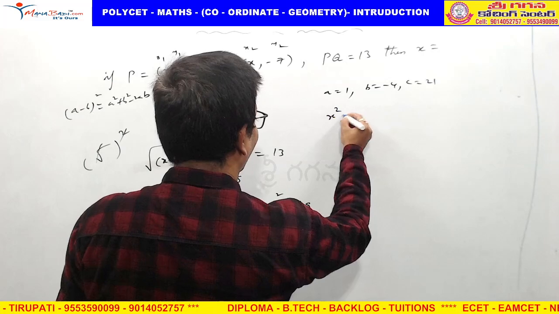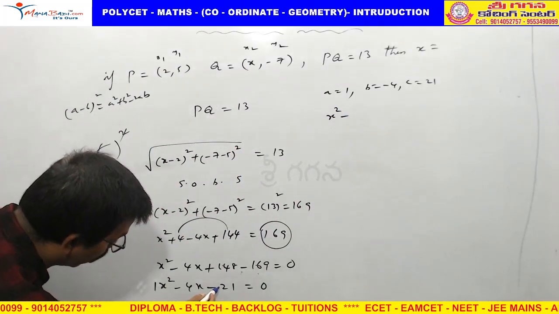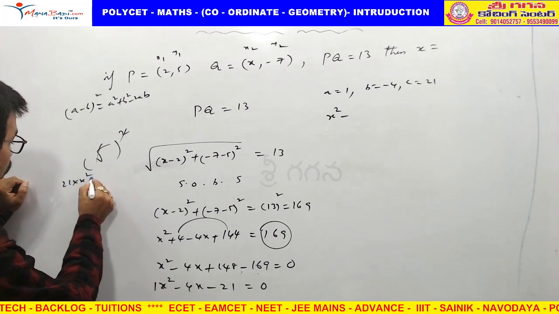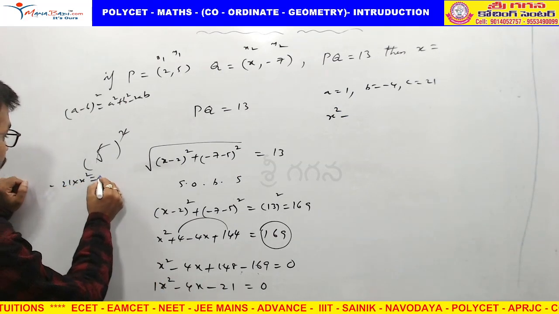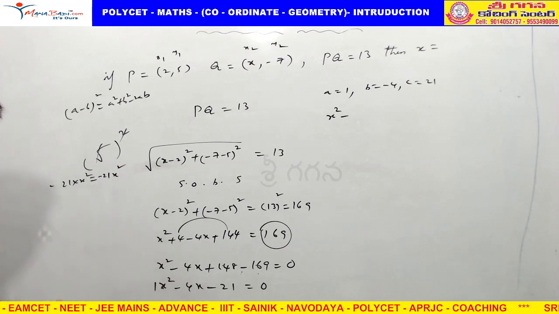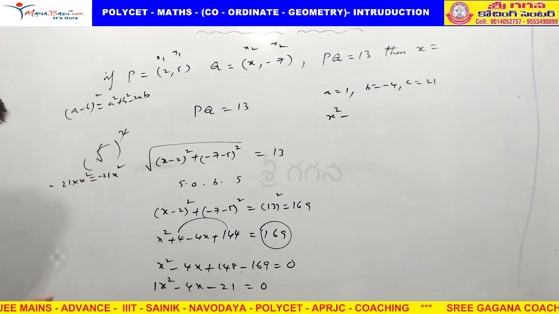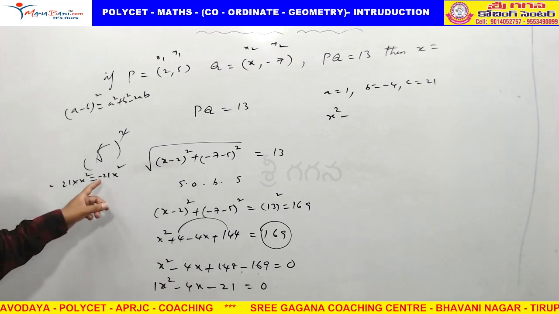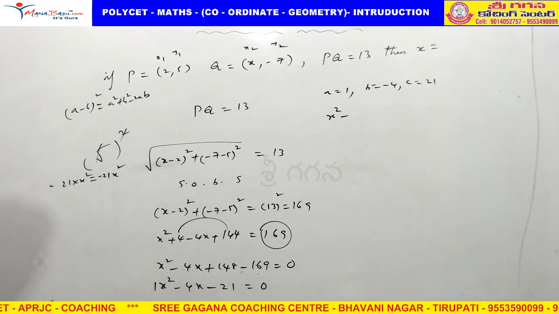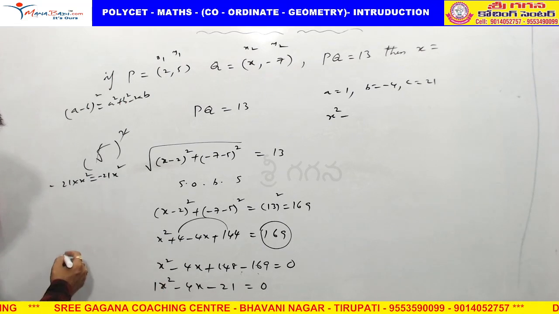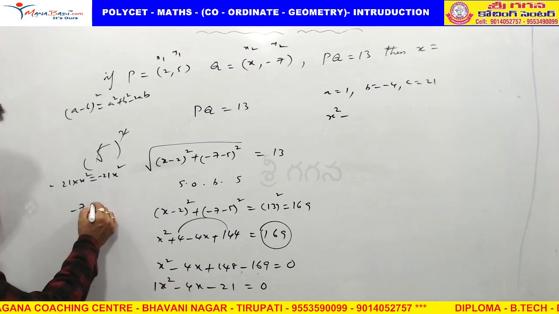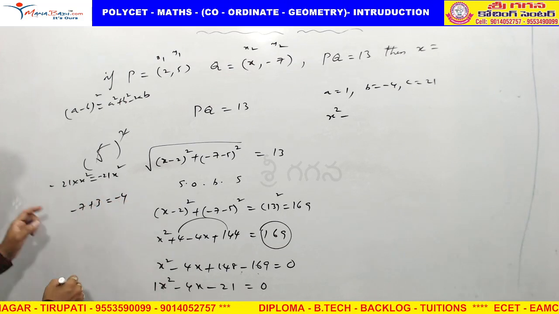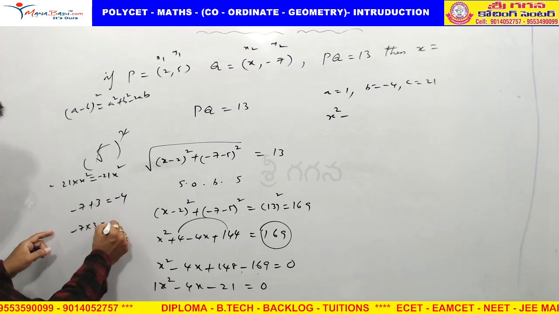As I already said, first take the constant and x square coefficient and multiply: 21 into x square, with the minus, gives minus 21 x square. If we take any two values whose sum gives minus 4x and whose product gives minus 21 x square: minus 7 plus 3 gives minus 4, and minus 7 into 3 equals minus 21.